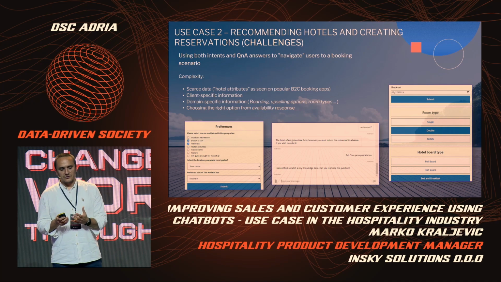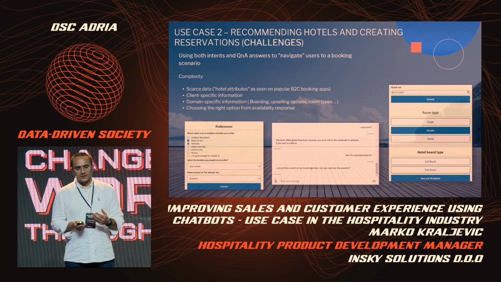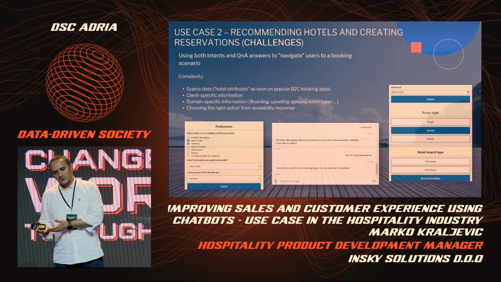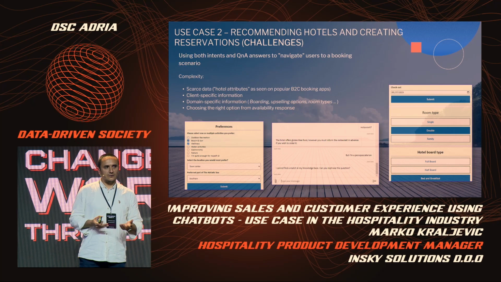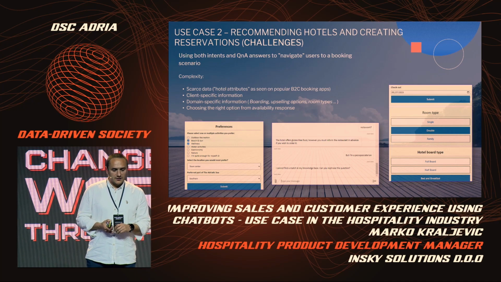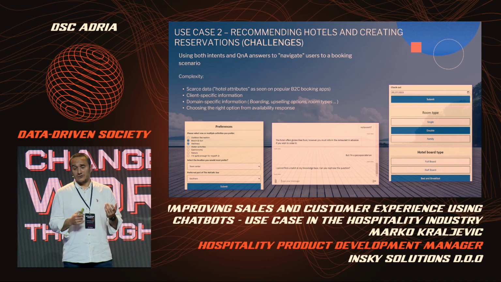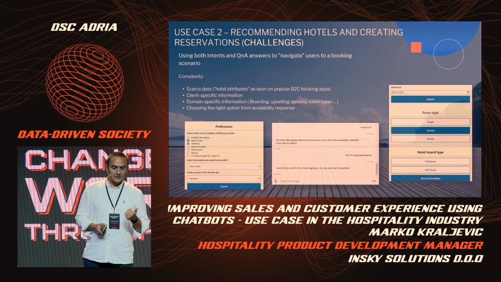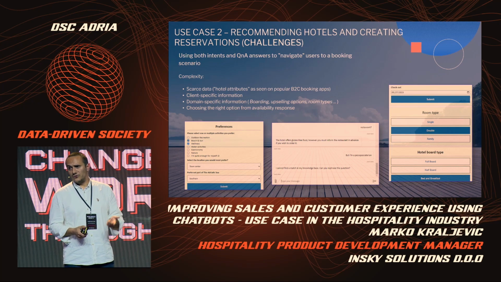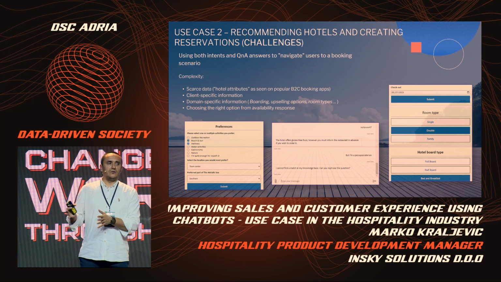It's very hard to make a general chatbot for all hotels, which is why we use cognitive services to let the customer update, delete, or change the data. And here is domain-specific information about hospitality: boarding, upselling options, room types. These are some activities which are used in all hotels.